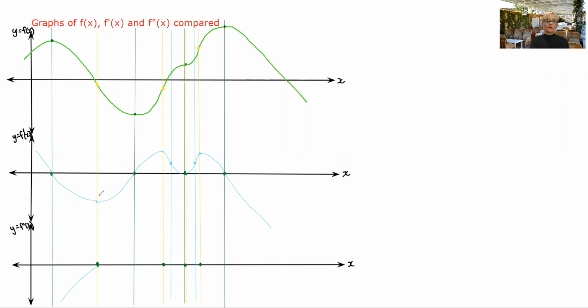Then it's going to be positive and continuing to be positive until you get to this point, when it will start to decrease though. It'll still be positive, but it will be decreasing. So let's have a look how we would do that. We would do something like that. Right? So we're positive, but we're decreasing.